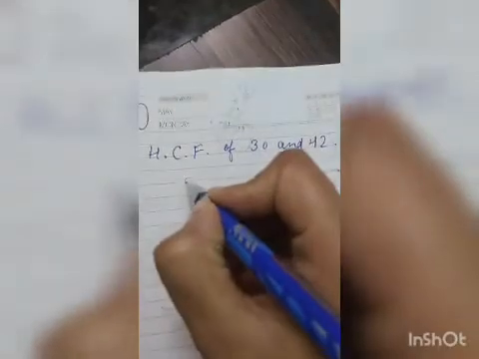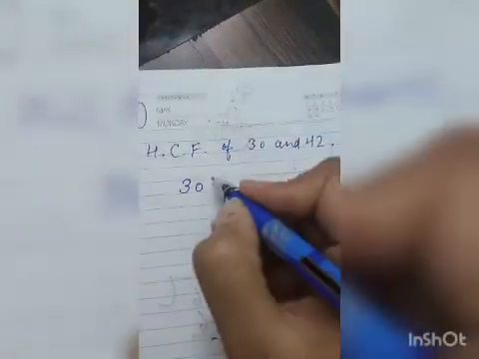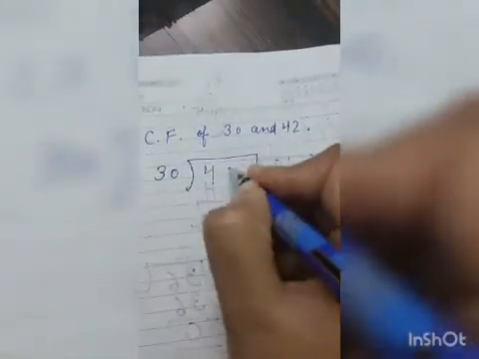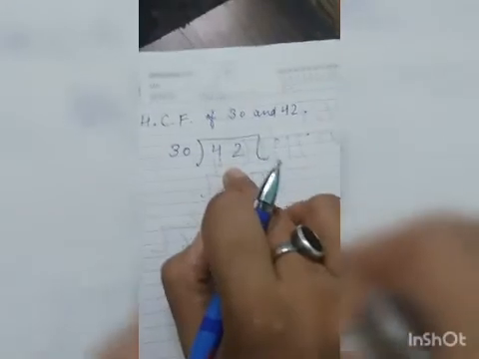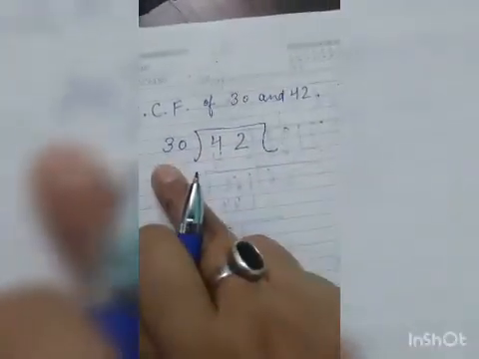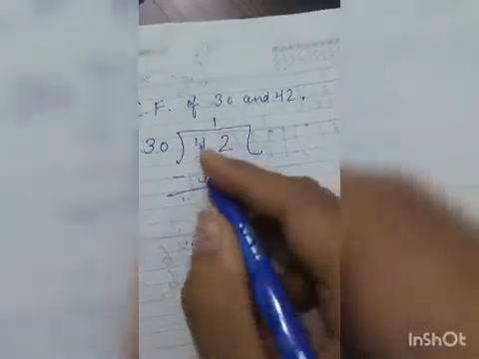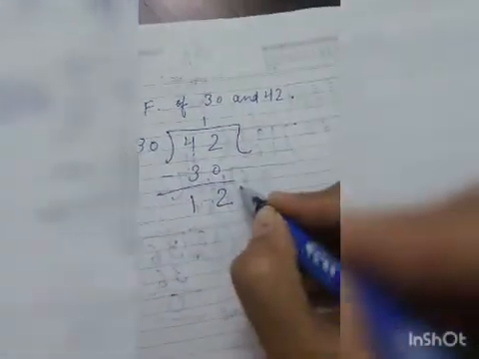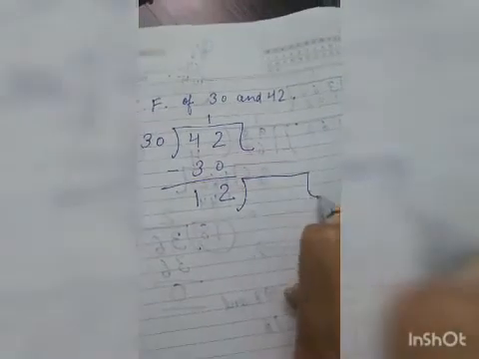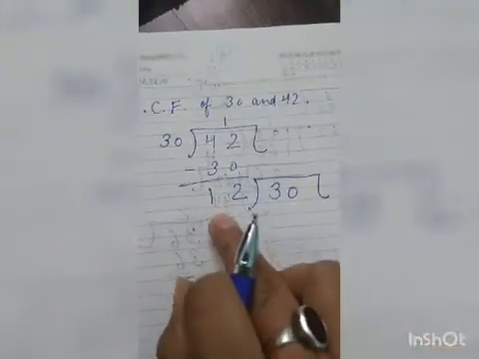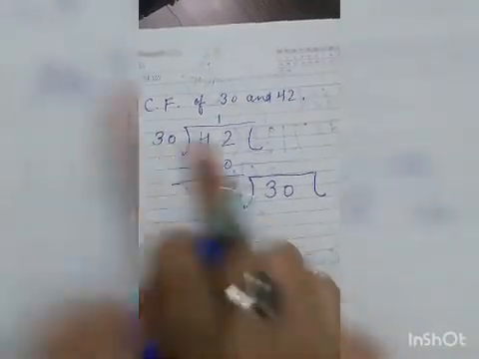42. For doing this, as I told you, the smaller one we keep as divisor, and the greater one, here 42, I will keep as dividend. In the table of 30, 30 ones are 30, 2 minus 0 is 2, and 4 minus 3 is 1. Now I will take this 12 here because our remainder is not 0, so I will take the last divisor here.